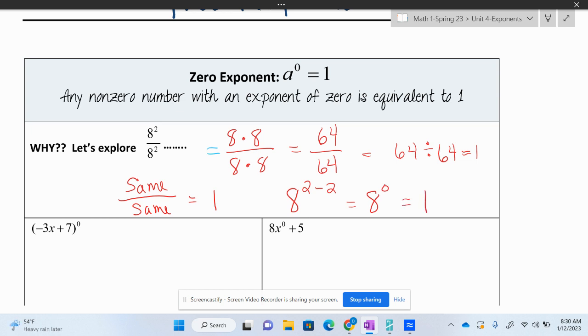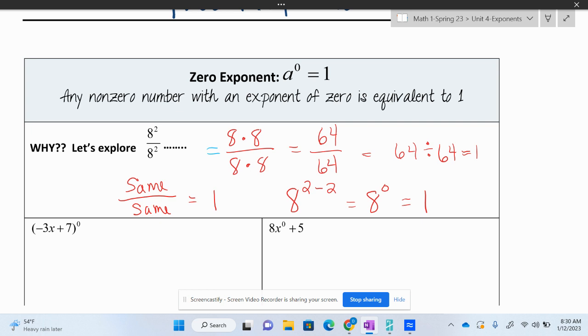So let me explain what I just tried to do there, because sometimes we have a hard time understanding. The first thing I did is I expanded it, because that's what you saw yesterday. Yesterday you saw us expand it, and then I told you what that expanded answer was, right? 8 times 8 is 64. Then I reduced that fraction because you know that a fraction is the same thing as division.